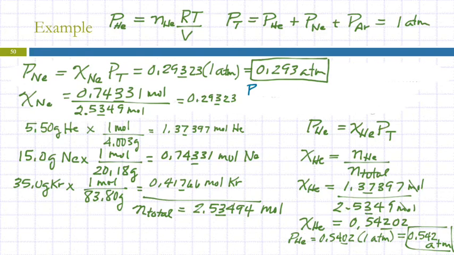So the pressure of krypton is 1 atmosphere minus the pressure of the helium, 0.542 atmospheres, minus the pressure of the neon, 0.293 atmospheres. 1 minus 0.542 minus 0.293 equals 0.165.